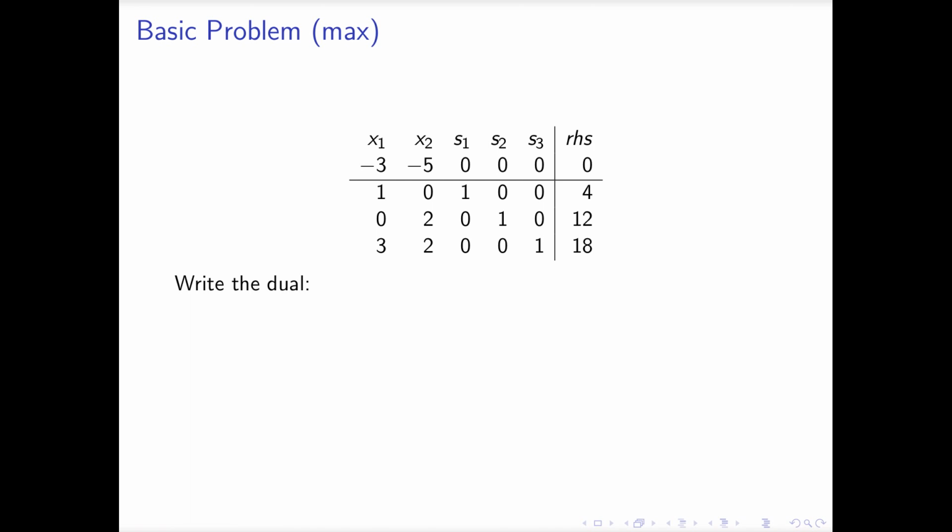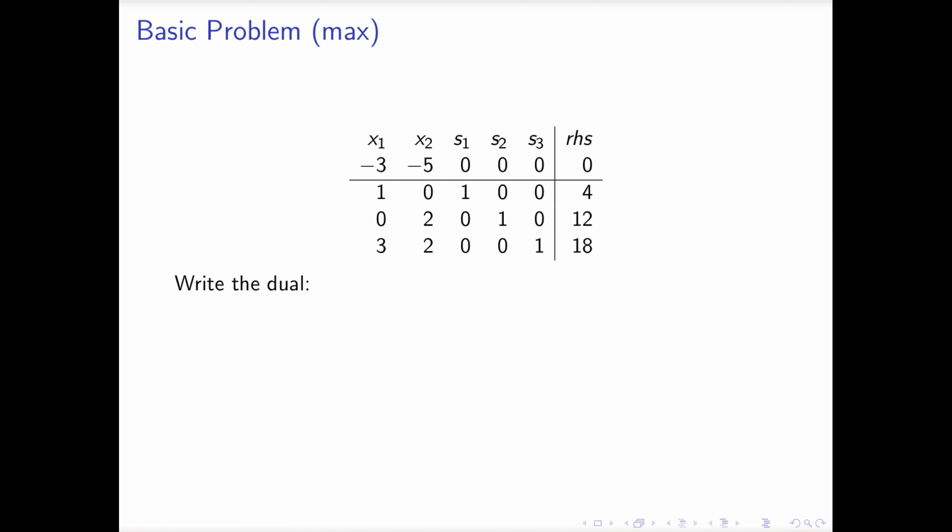This video is meant to be a little bit of a motivation for 6.10. So I'm just going to go through a tableau like you see here, and we're going to take some different sets to be our basis, and they may or may not give us a feasible set. And we're going to look also at the corresponding solution to the dual.